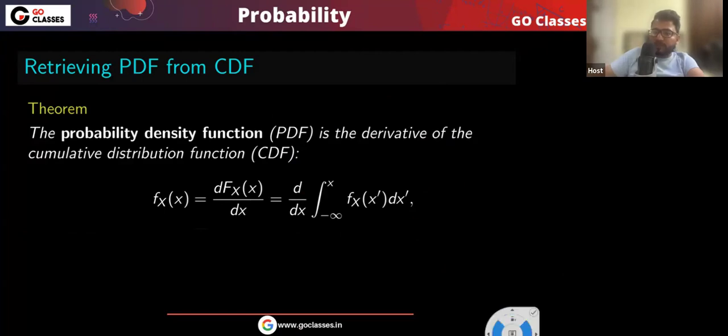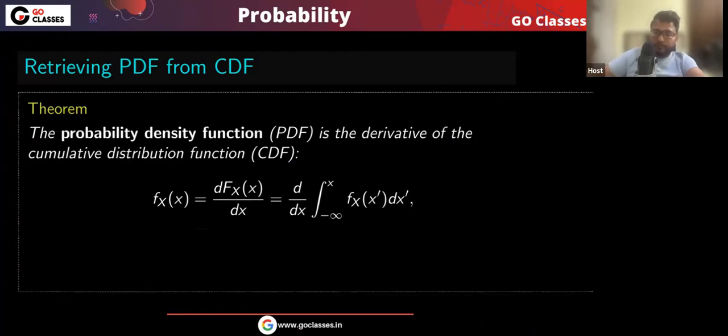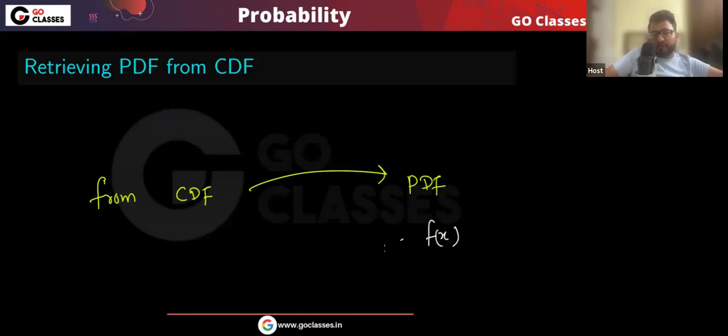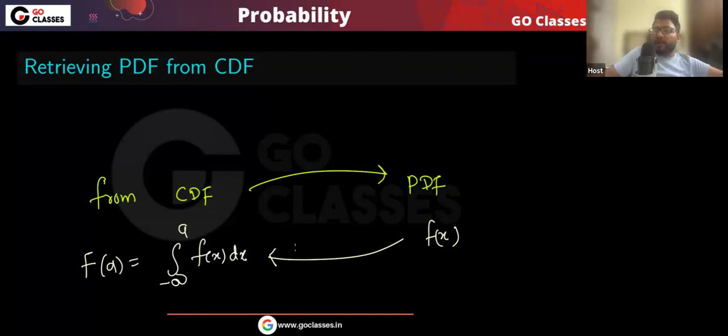If the PDF f(x) is given, then how do we find the CDF? The CDF F(a) will be the integration from minus infinity to a of f(x) dx, right? From here to here, we know this is done. But if we already have the CDF, then how do we get the PDF, right?